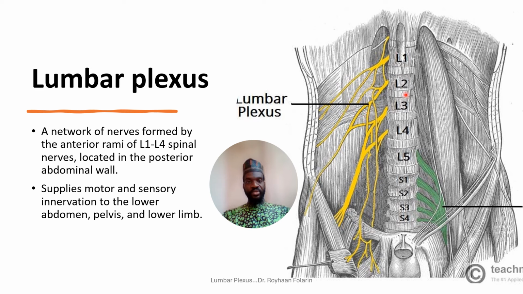The plexus is critical because it provides motor and sensory innervation to the lower abdomen. It provides this innervation to the pelvis and most of the lower limbs. So its position makes it very clinically significant, especially in surgeries and in certain nerve entrapment syndromes.